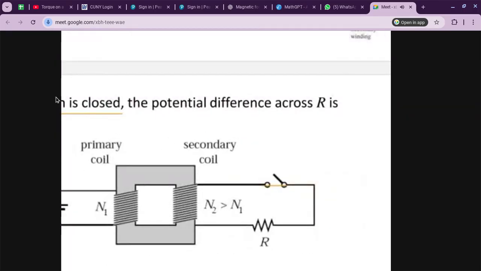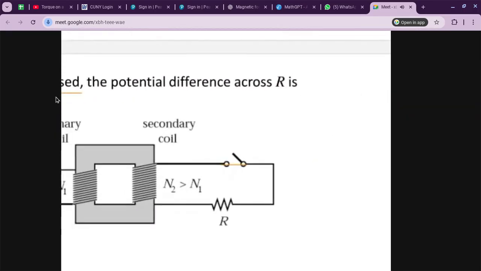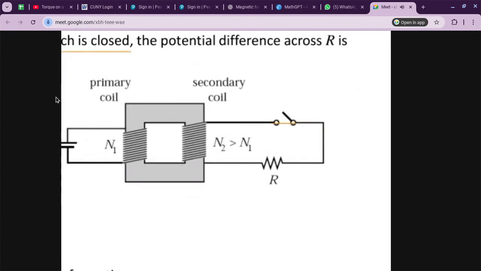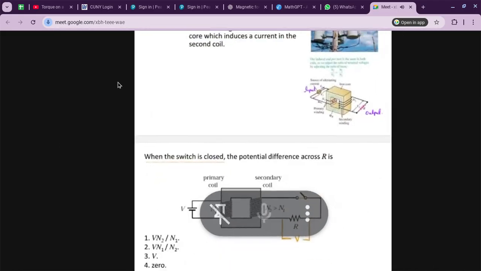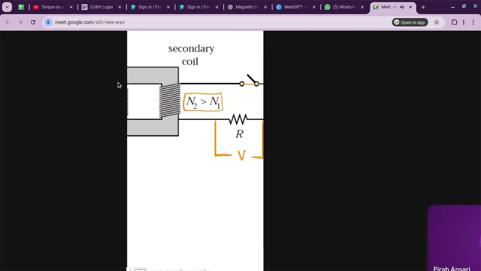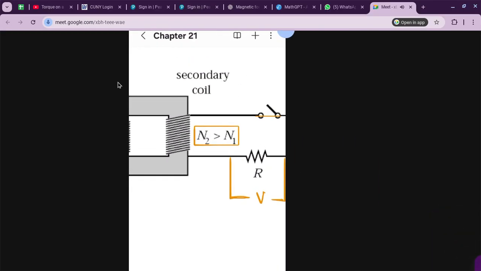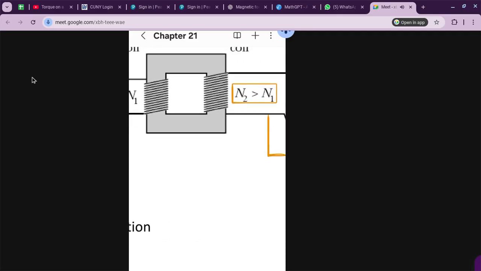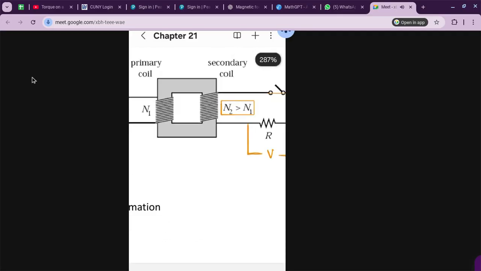What will be the potential difference across R? First of all, they gave us the condition as well, that the number of turns in the secondary coil is greater than the number of turns in the primary coil.